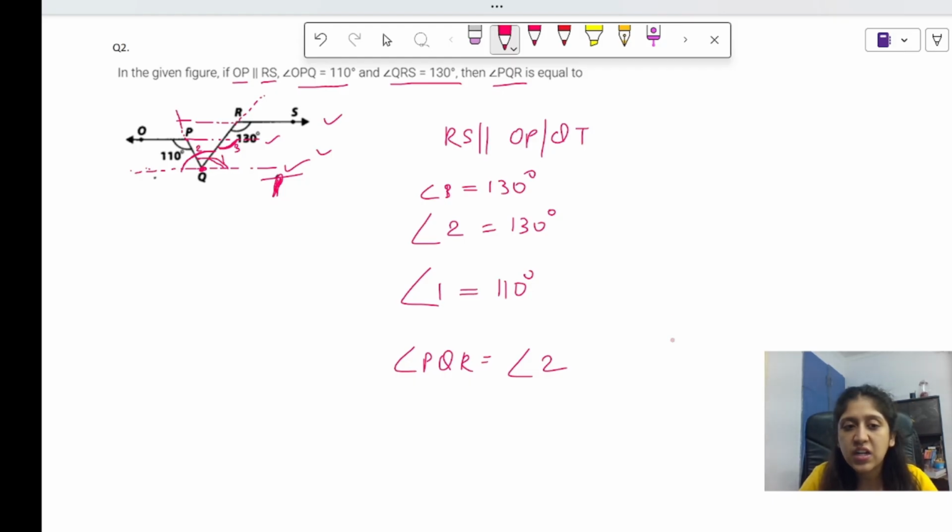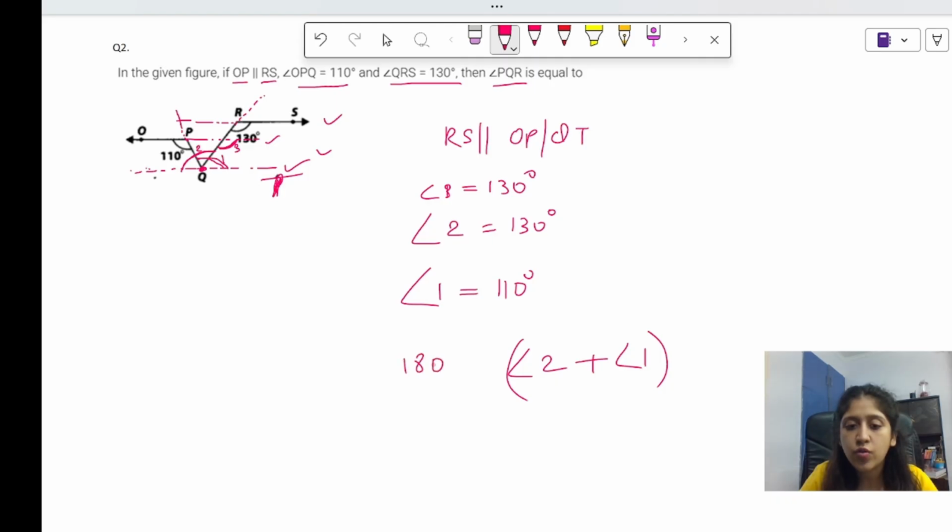So if I add angle 1 and angle 2, now because of the linear pair, क्या होता है? Linear pair is basically angle 1 and angle 2, they lie on this straight line. Yes. They actually add up to 180. So what can I write? I can write angle 1 and angle 2 and I can subtract them from 180. Am I clear? I hope my instructions are clear. Yes?